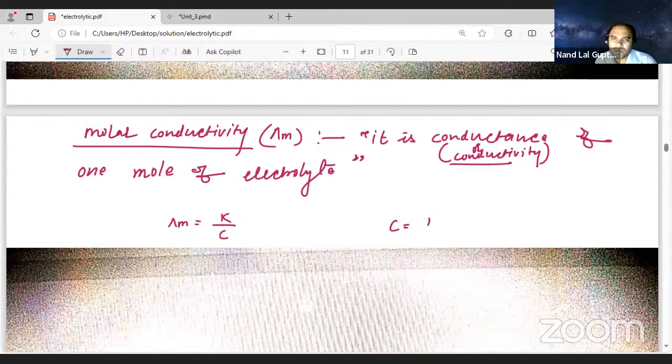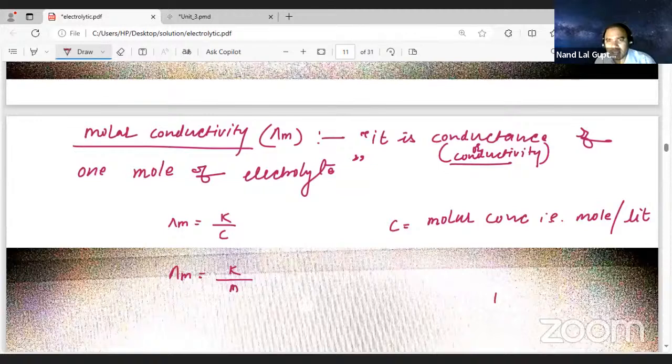So what is C? It is the molar concentration, that is mole per liter. So we can write lambda m is equal to K upon molarity. 1 liter is equal to 1000 ml.